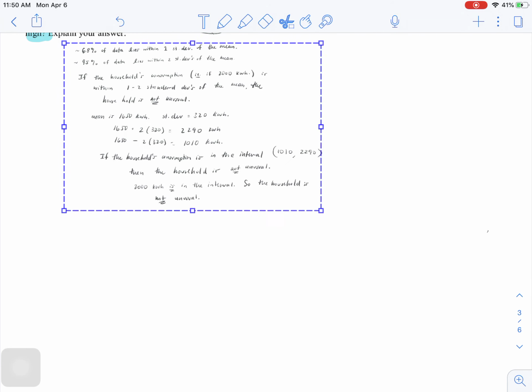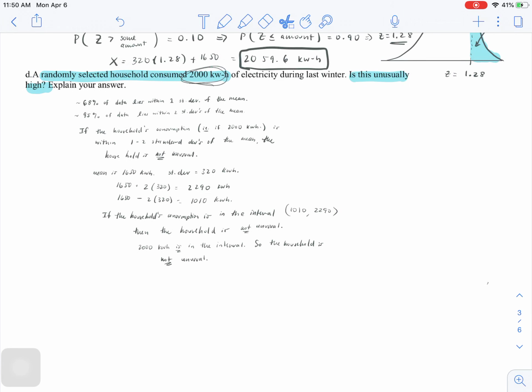This is one way you can determine if an observation is unusual. Figure out the interval that's 2 standard deviations from the mean: calculate your mean minus 2 standard deviations and your mean plus 2 standard deviations. If your observation is within that interval, then it is not unusual.